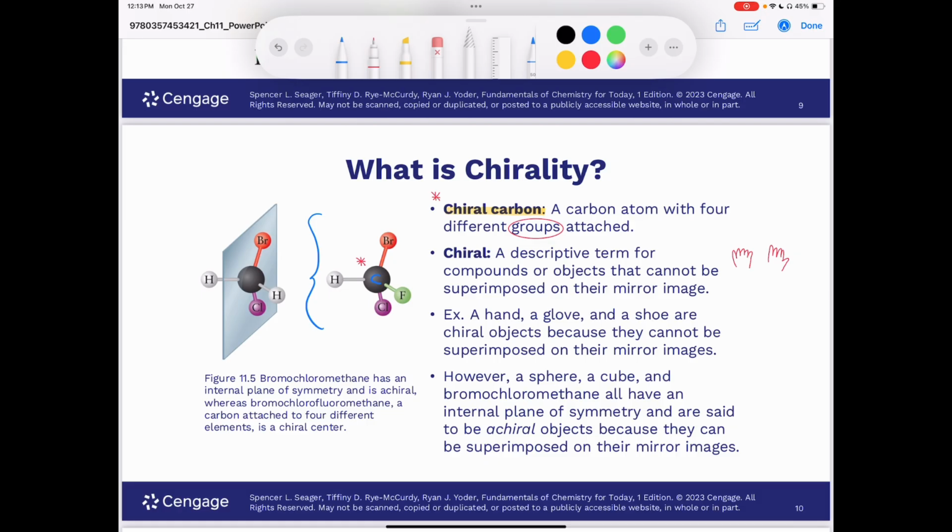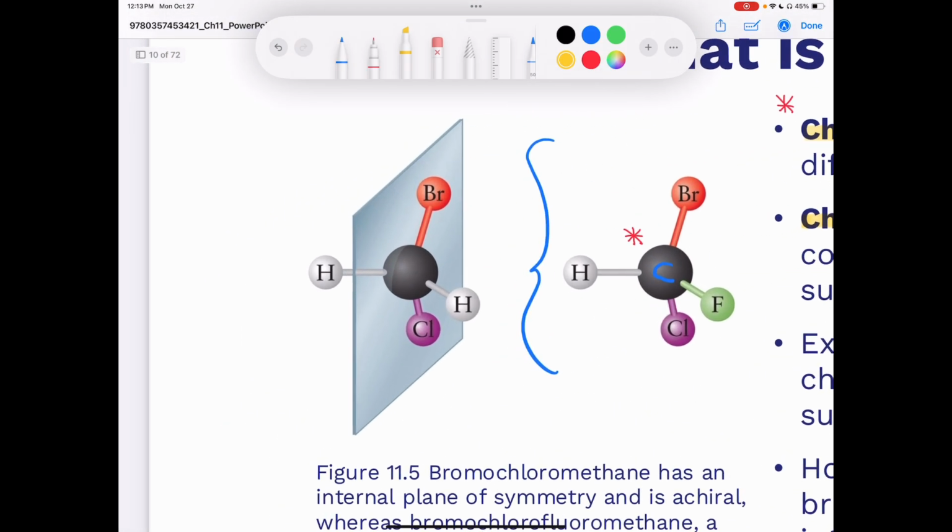However, objects like a sphere or a cube or chloromethane, which is shown here, have an internal plane of symmetry. Those are not chiral objects, and so we call them achiral. So chiral objects, like a glove or your hand or a shoe, cannot be superimposed upon their mirror image. Achiral objects can be superimposed on their mirror image.